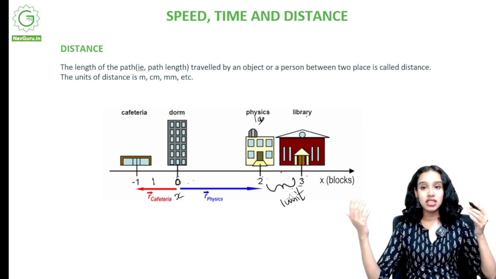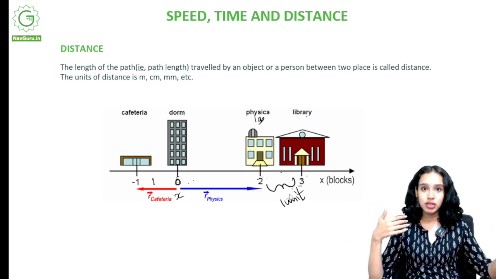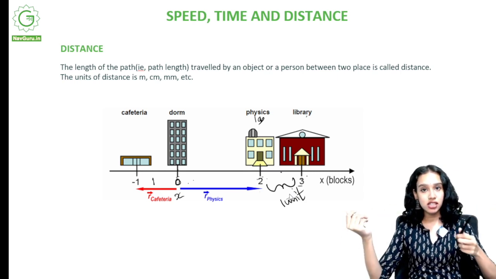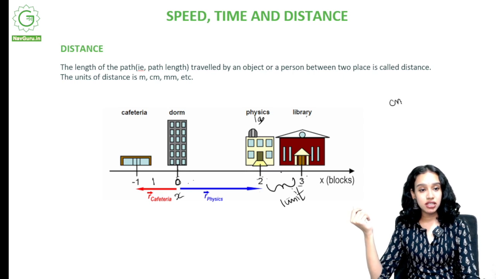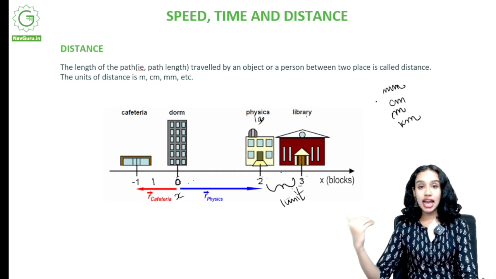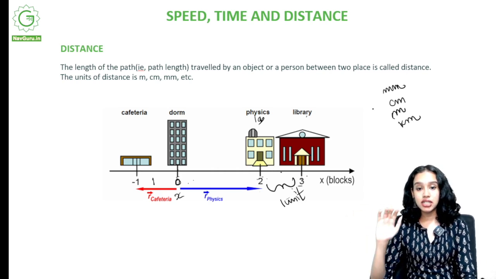Why should we use 3,500 instead of 35 kilometers? So we have different units to express distance: centimeters, millimeters (a millimeter is smaller than a centimeter), then meters, kilometers and more. The standard unit which we use to measure distance is the meter, right?